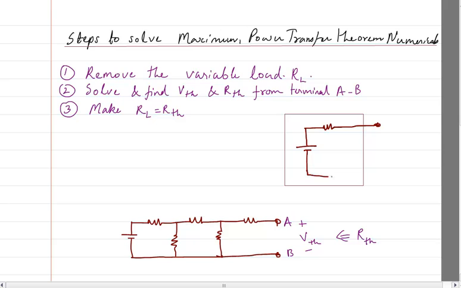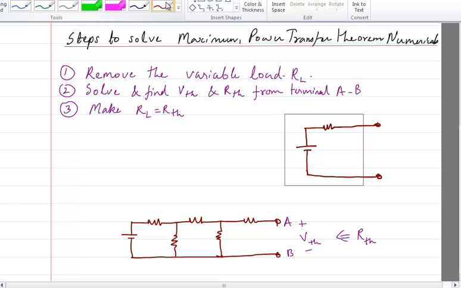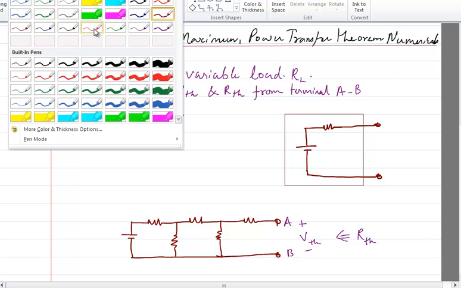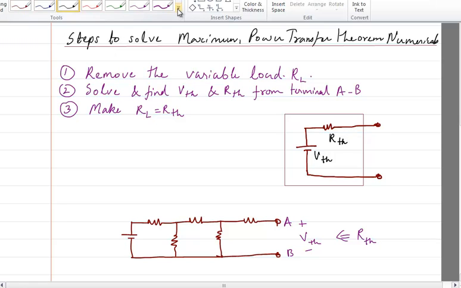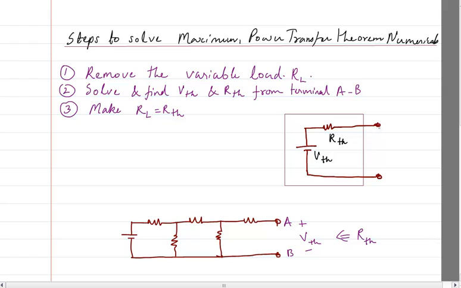So this is going to be your VTH and this is going to be RTH, and then we connect the load resistance. The load resistance is RL. The condition says that your RL should be equal to RTH, the Thevenin's resistance that you have found out here. That makes it the condition for maximum power transfer.